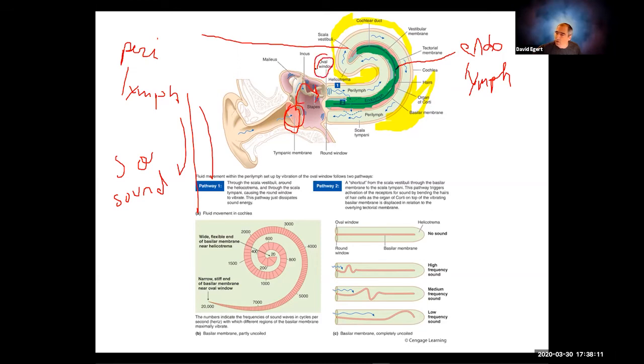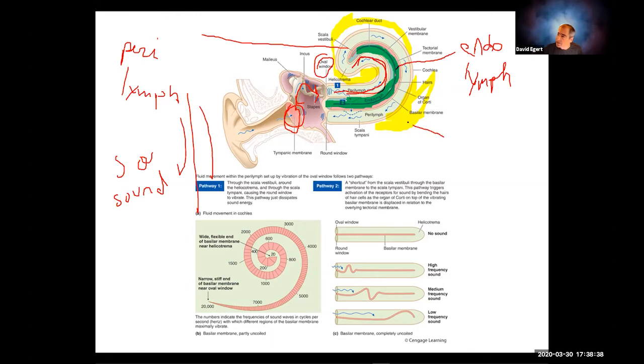We talked about the oval window being the entrance into the inner ear. That's going to set up these pressure waves in the perilymph that are going to travel up one side of this tunnel made between the bony and membranous labyrinth here. This is actually going to be called the tympanic duct.